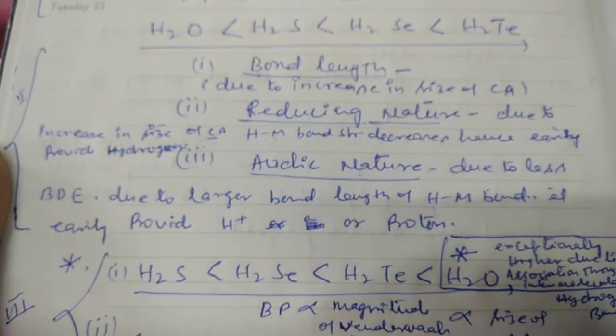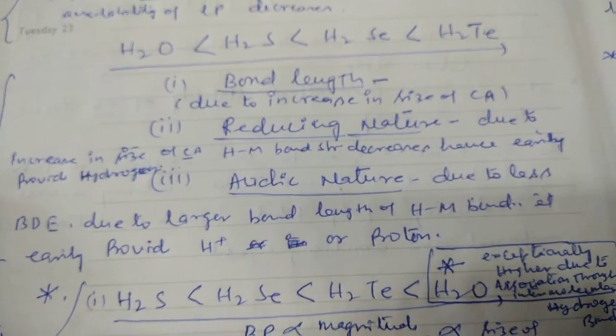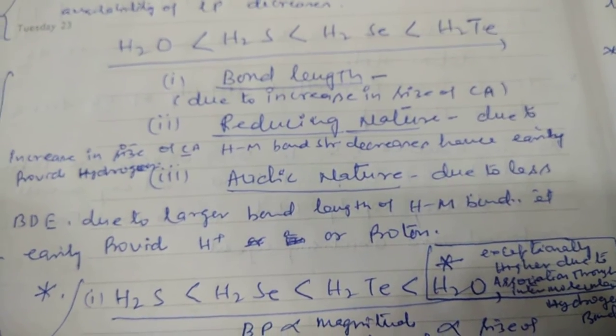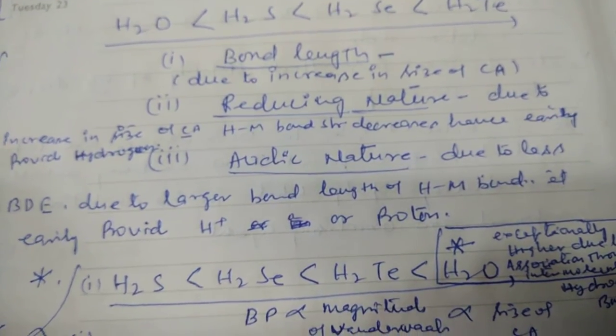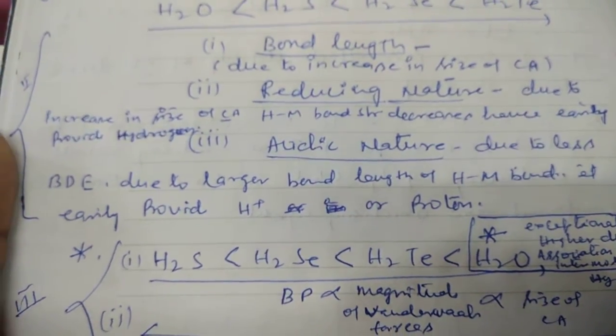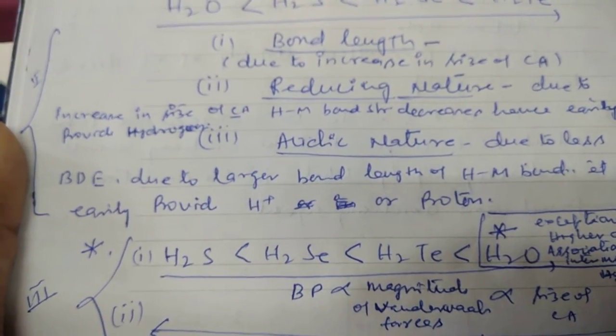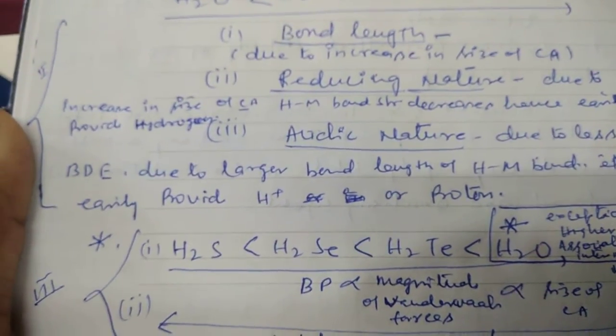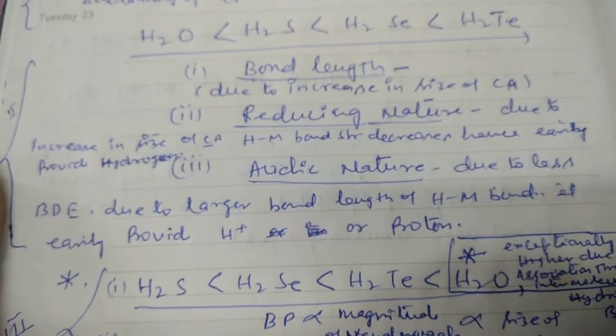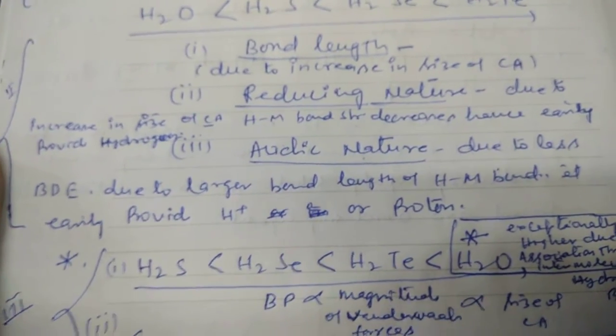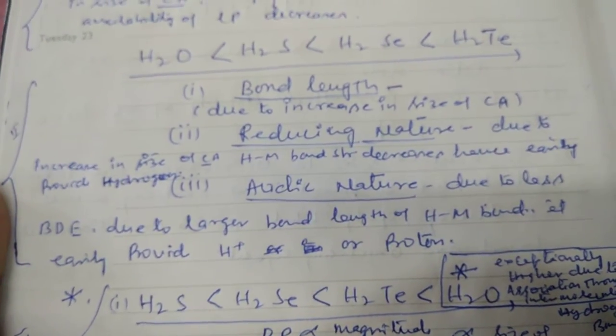So class, acidic nature increases down the group. Since H2Te bond strength is weakest, it can easily provide H plus, while the H-O bond is strongest, so it is not easily possible to have H plus. So these three properties increase down the group: bond length, reducing nature, and acidic nature.